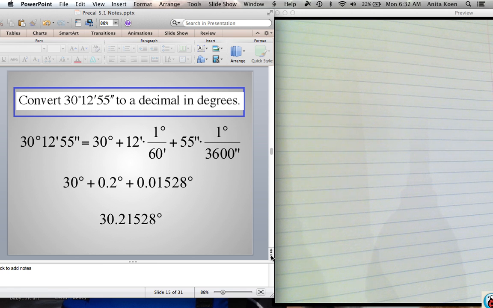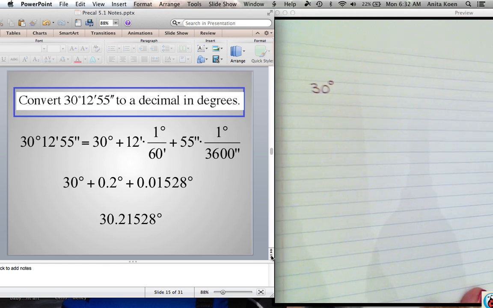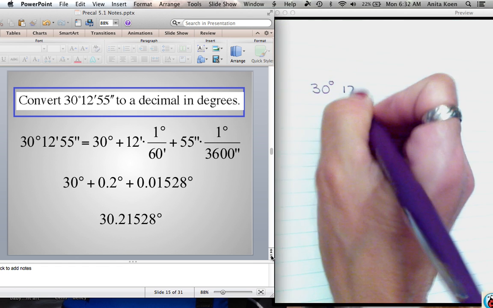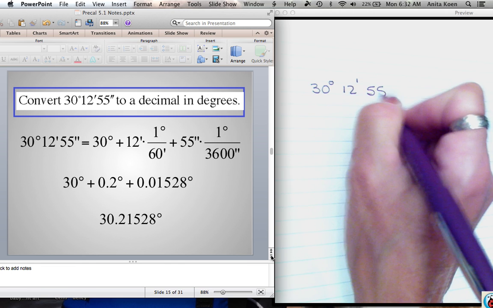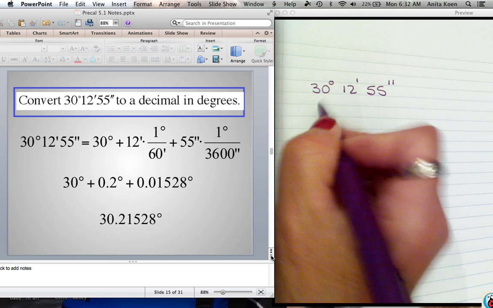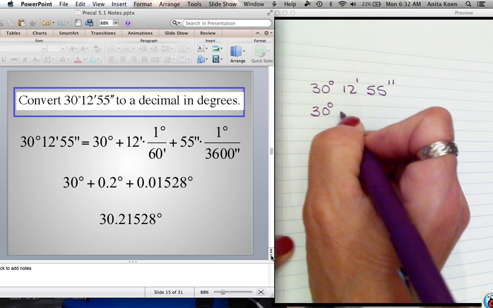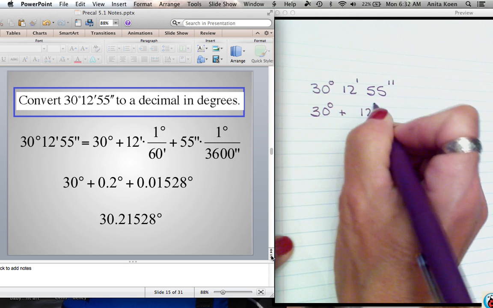So 30 degrees, 12 minutes, and 55 seconds. Well, we're going to change this to degrees, so this first part is already in degrees, so that's 30 degrees, plus 12 minutes.